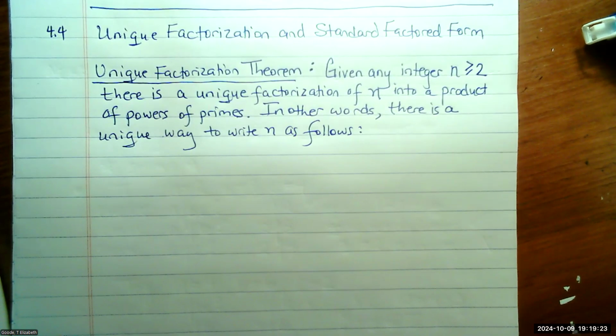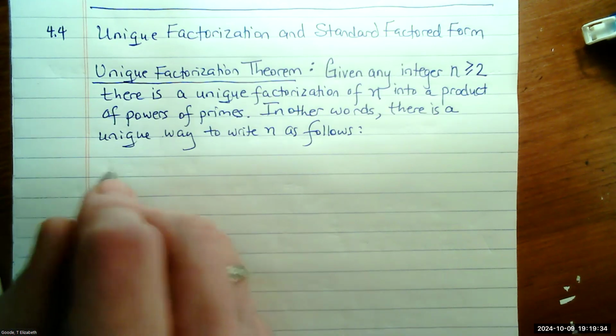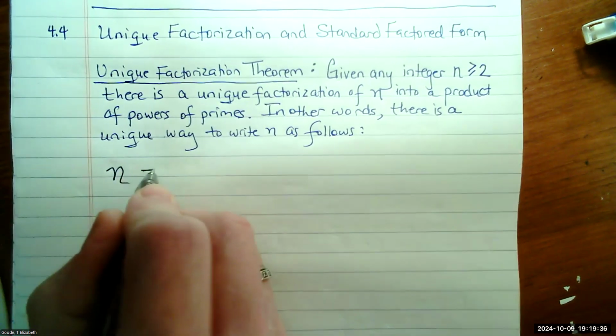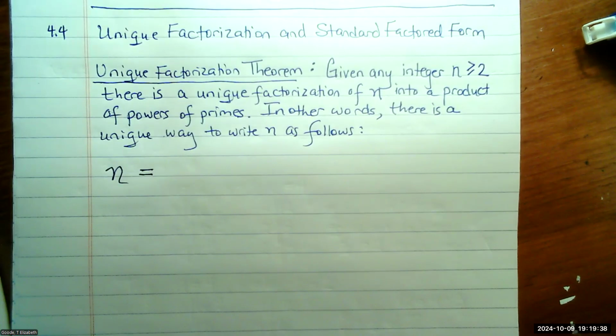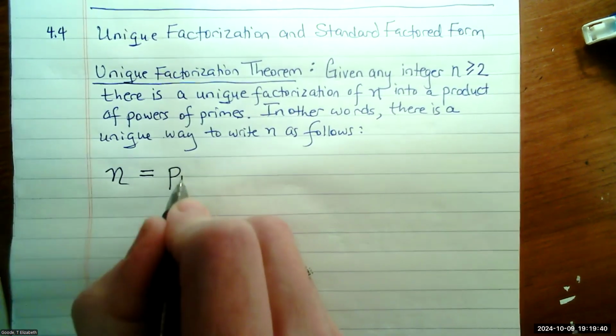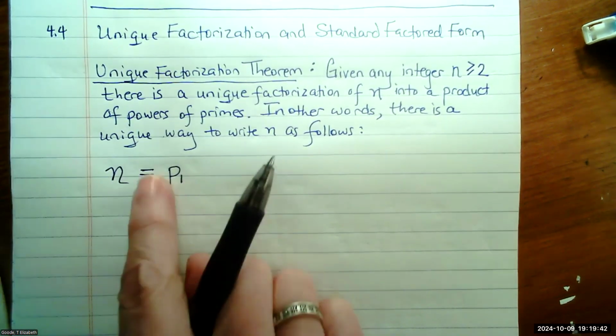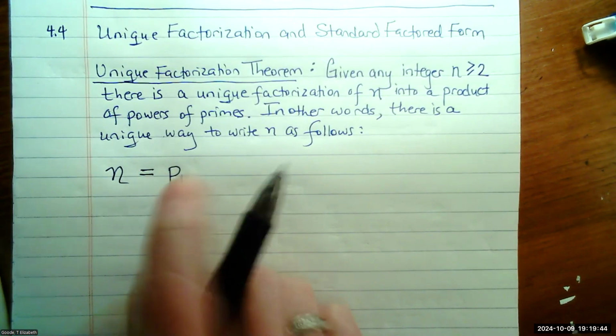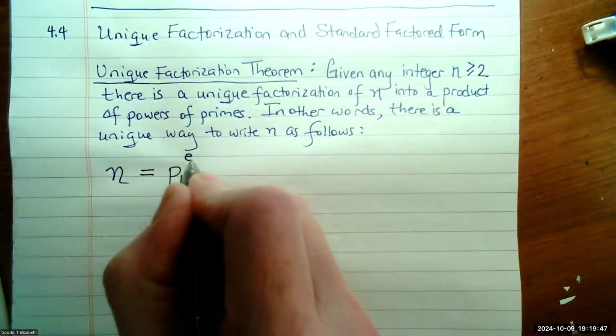Here we go. So fasten your seatbelts because we are getting ready to see some subscripts, some indexing subscripts, and there's going to be a good reason for them. So n is equal to p sub 1, so that's supposed to be the first prime factor of n, raised to the e sub 1.